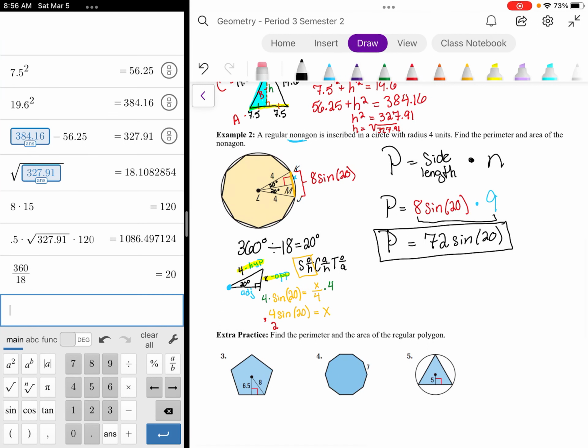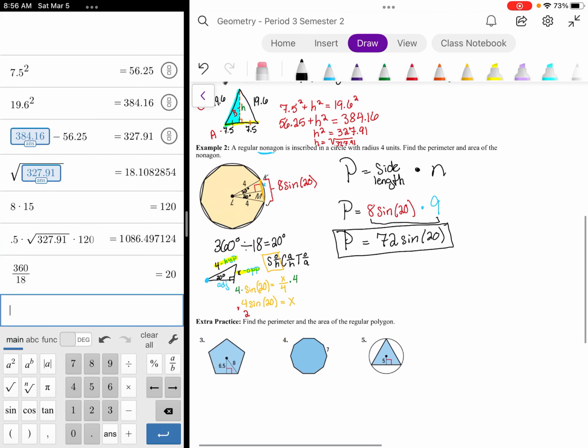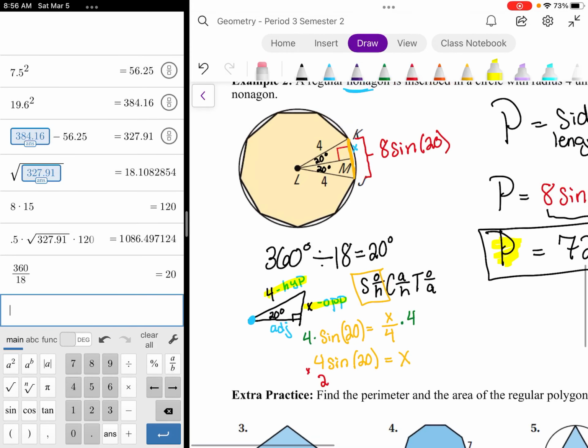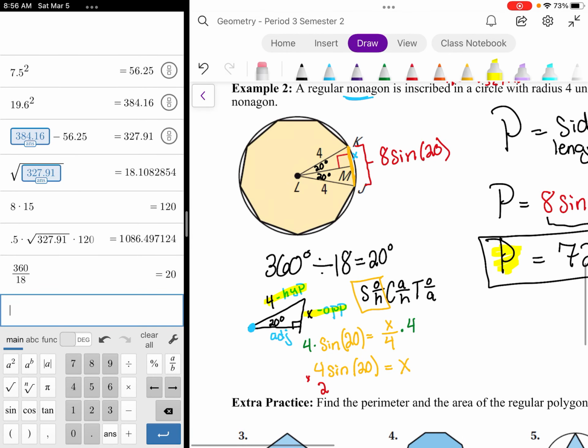So now we know the perimeter, and our area formula is 1/2 times the apothem times the perimeter. So now we still need to figure out what our apothem is, because we did already find the perimeter. Looking at this, our apothem is going to be the adjacent side that we are looking for.